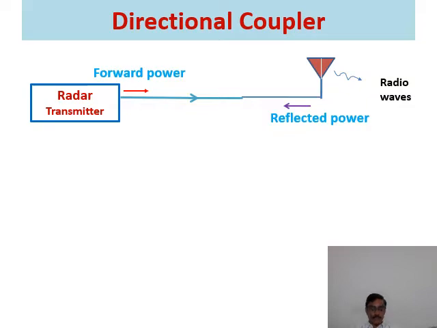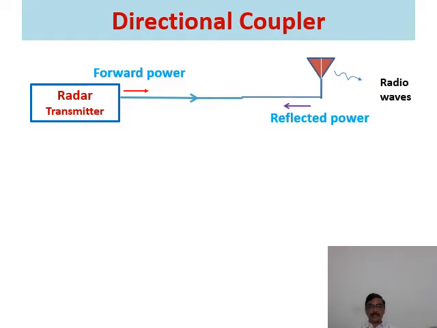First example is, let us take a radar transmitter. Look at this figure. This is a radar transmitter radiating a 40-watt power output, and this output cable is connected to the input of the antenna cable.